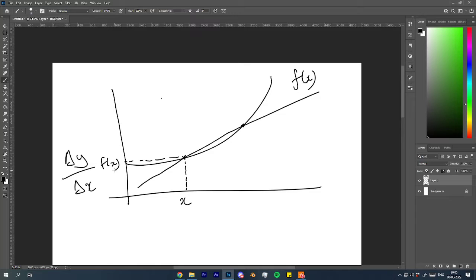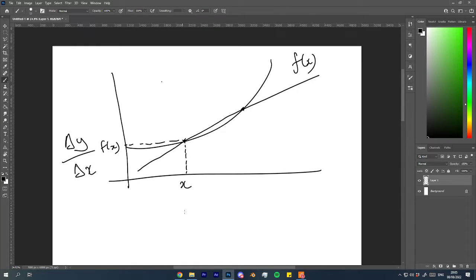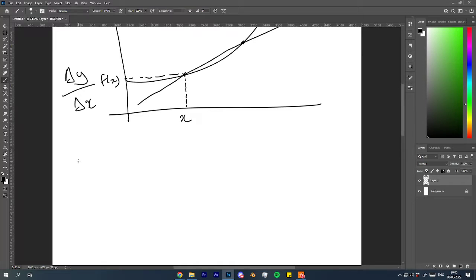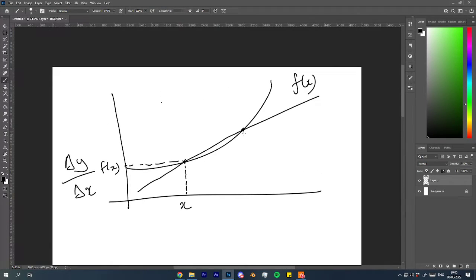Is everyone happy with how functions work? So let's say we have a function of... Alright, perfect. Okay, so if this point was x plus h, if we went h along, this point would become x plus h, and this y coordinate here will become not f of x, but f of x plus h.